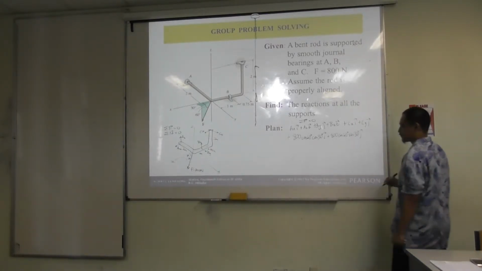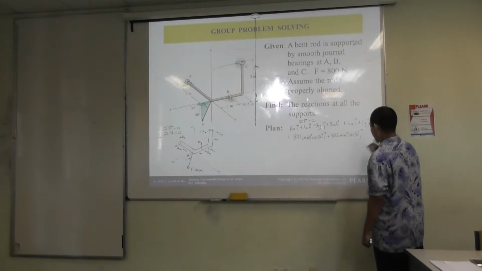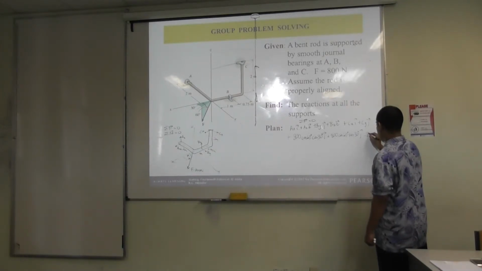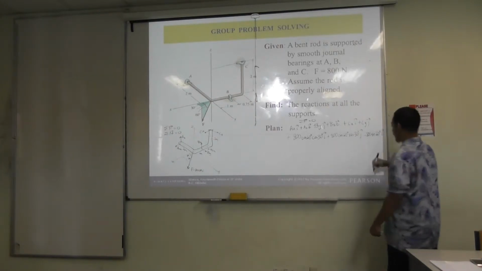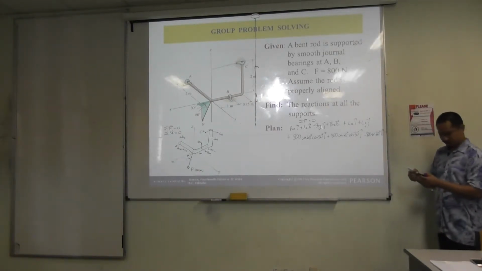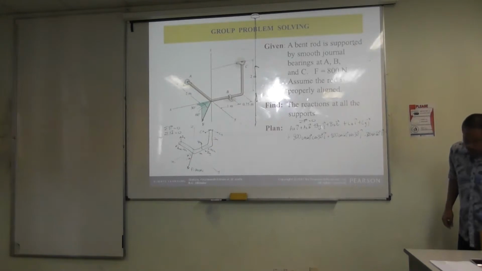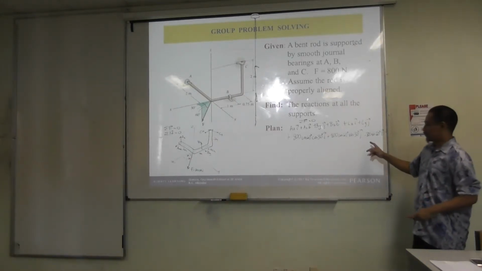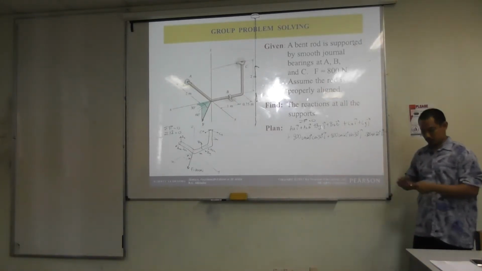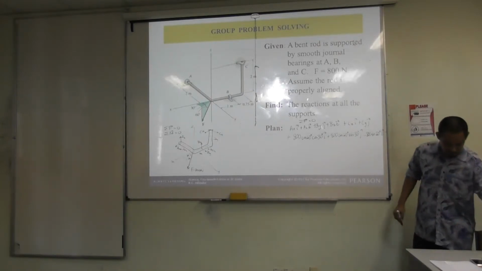For Z it should be minus, right? It's going down, 800 sin 60 k. Right. Any question here? Of course, this goes back to chapter 2, right? Hopefully by now you are very familiar with that one.